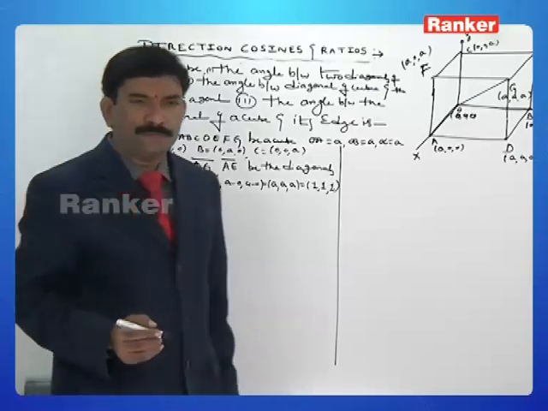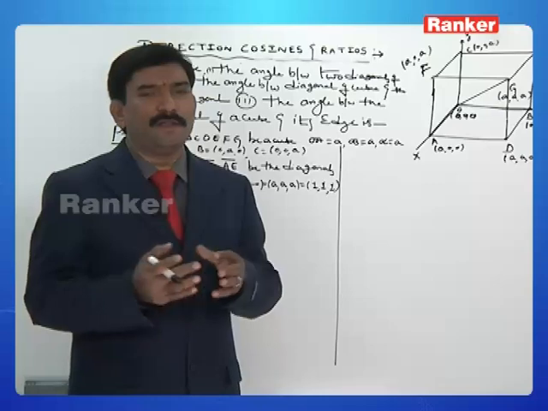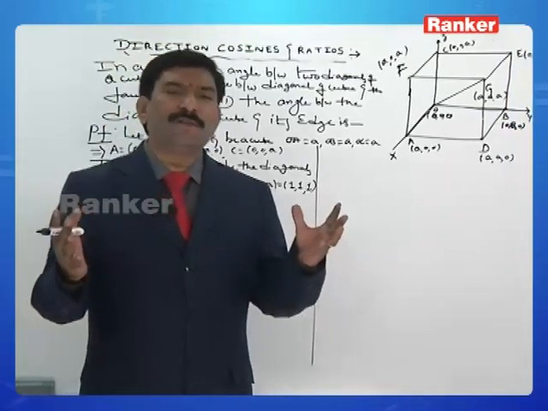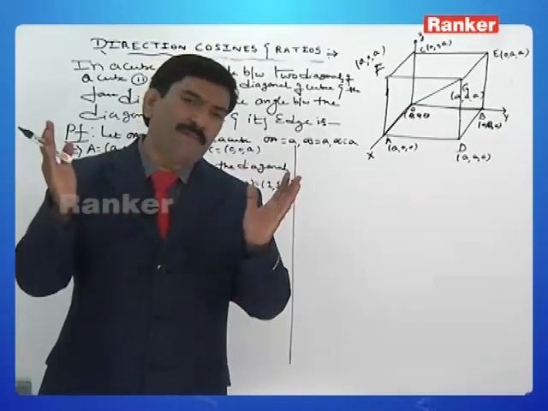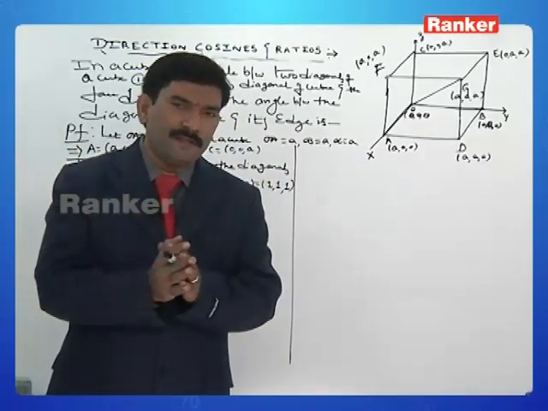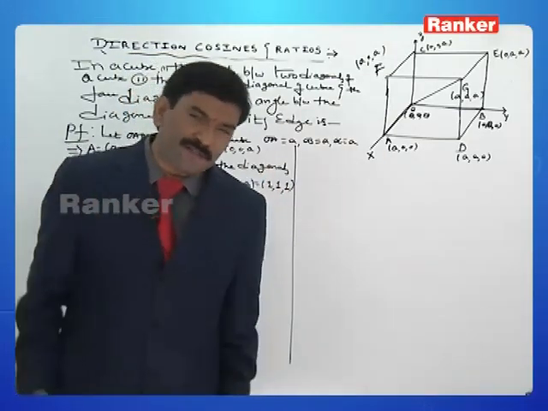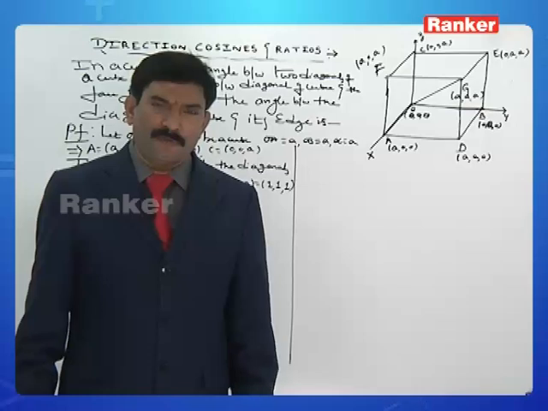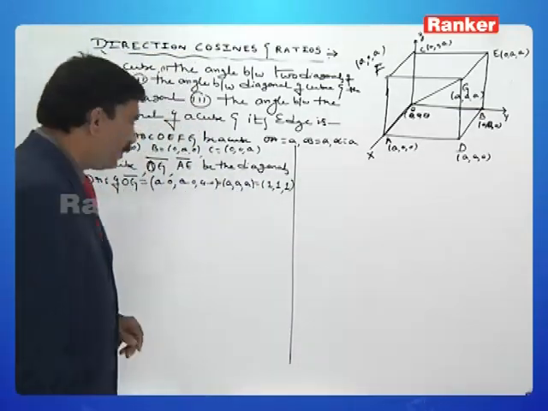How come? When a, b, c are the DRs of a line, then ka, kb, kc, or a by k, b by k, c by k are also DRs of the same line. Therefore I could write 1, 1, 1.